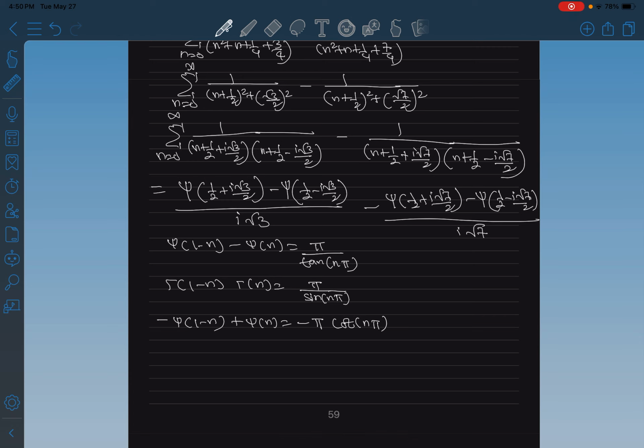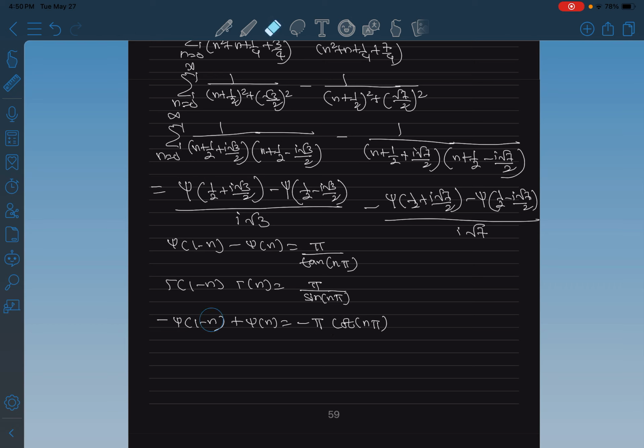So you have pi plus log of sine n pi, and if you differentiate log of sine n pi with respect to n, you will have 1 by sine n pi, and then cos n pi, and then also a pi, right? So because of which there's a pi over here.